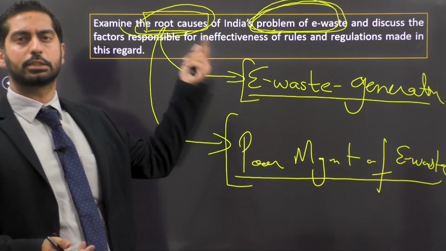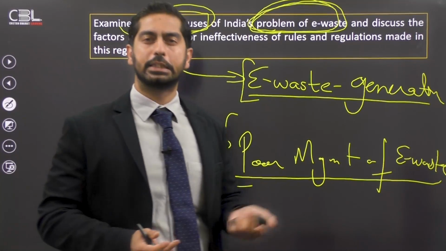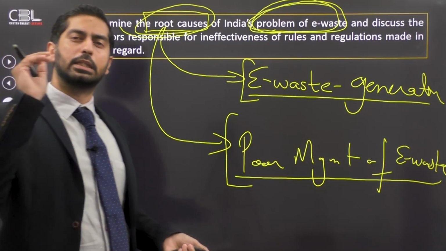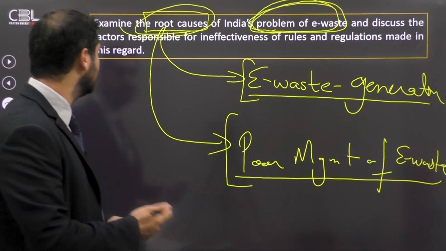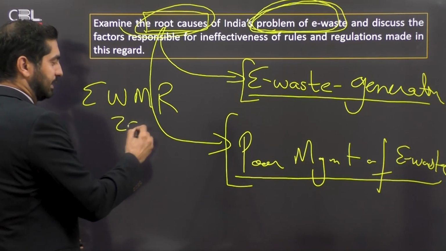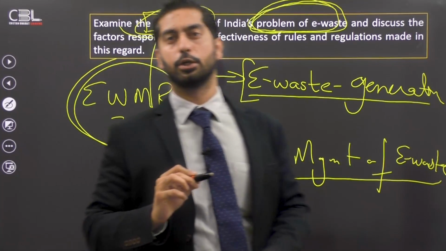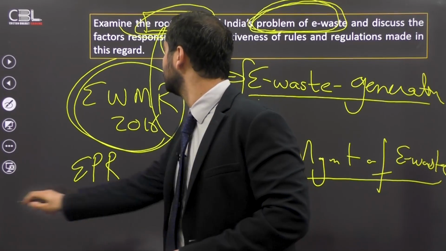So that is the informal sector's reliance on landfill and incineration methods. Then you might have read about the E-Waste Management Rules 2016. In those rules, a wonderful concept was introduced: extended producer responsibility.